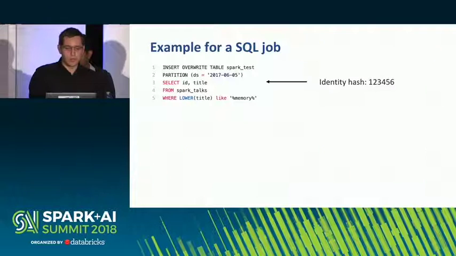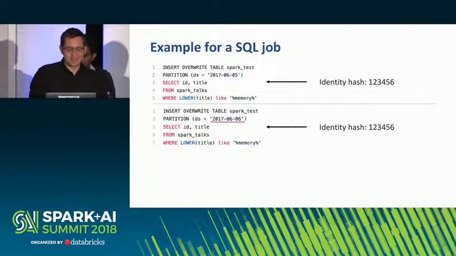Let me give you a very simple example on a SQL job. So here is a simple SQL query which selects some data and inserts into a table. This job will have an identity hash 1, 2, 3, 4, 5, 6. And it's inserting into a partition with date equal to yesterday. Oh, actually, yesterday last year.